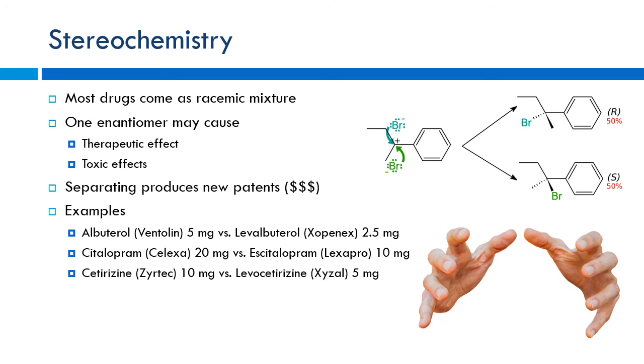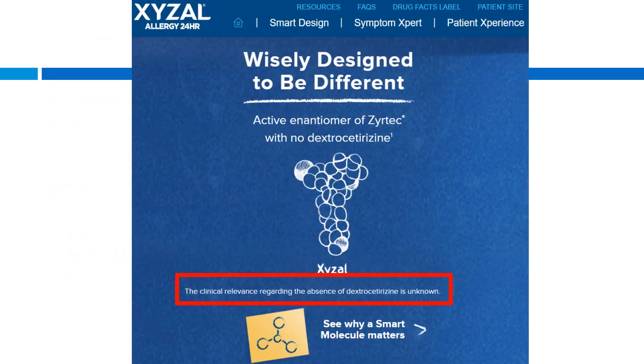Now, this is interesting: not in all cases is this done for a truly therapeutic reason. Xyzal, that levocetirizine, which I thought was very interesting, they said, hey, wisely designed to be different. This one is so intelligent to be different. It's an active enantiomer of Zyrtec with no dextrocetirizine. We got rid of all that nasty dextrocetirizine.